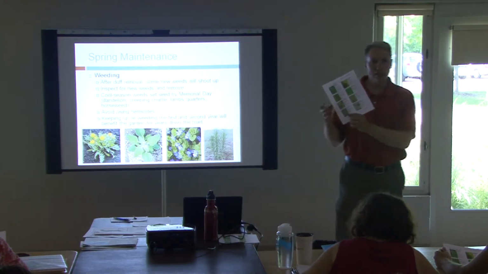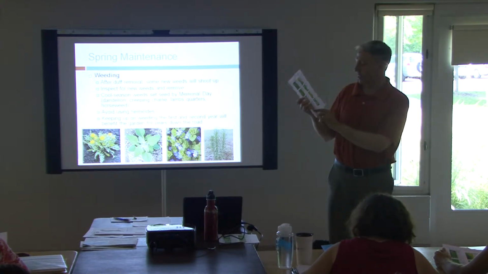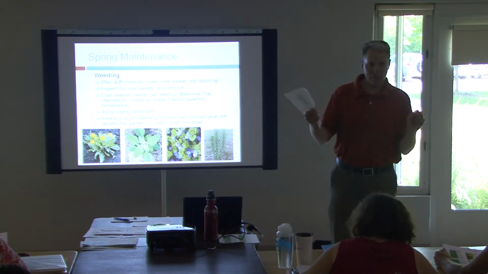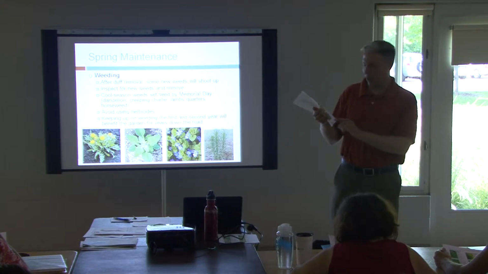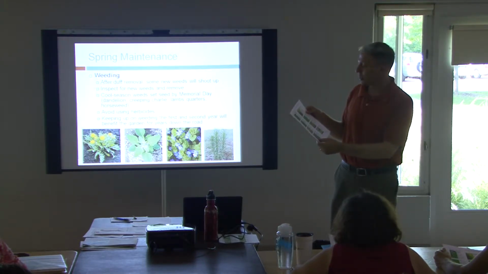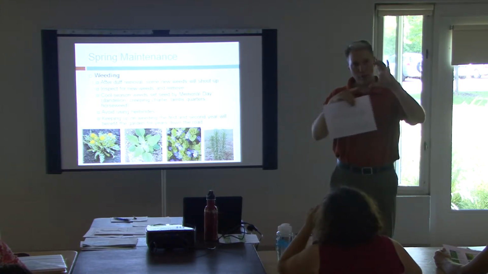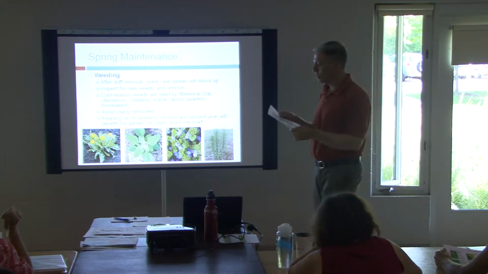Canada thistle is probably the most likely thistle that you'll see showing up in these gardens. And it does spread underground, so if it gets established, then you have more of a problem. So try to catch that early and pull it out as soon as you spot it. And it'll go down a ways when you pull it out.